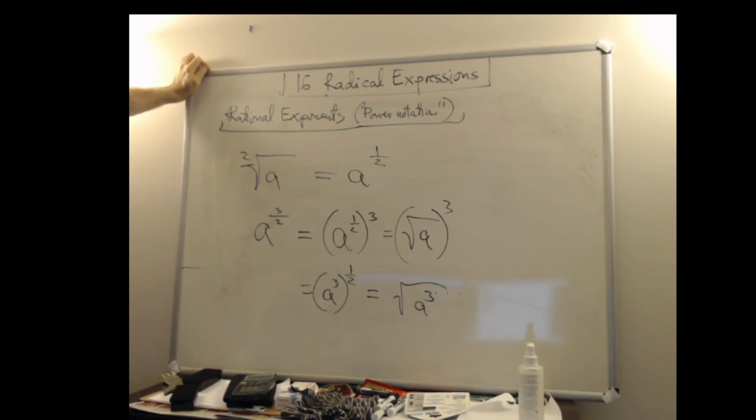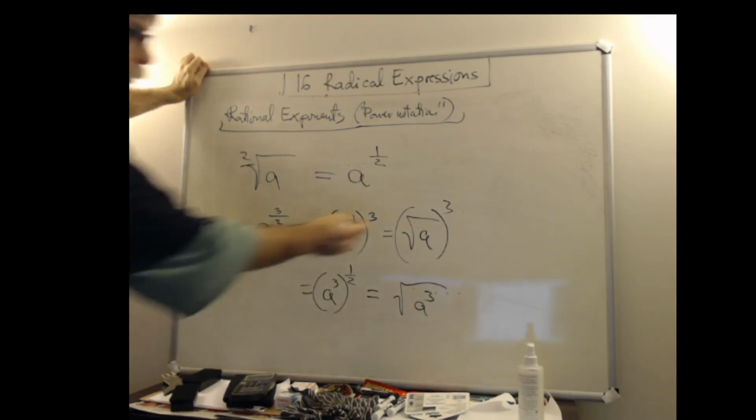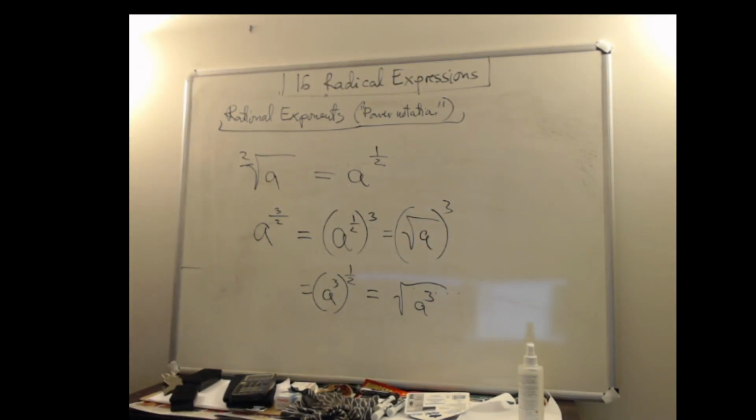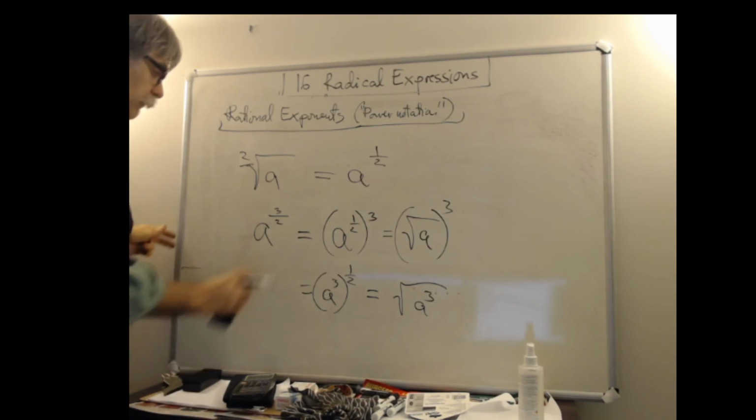You can do power and radical in any order, as long as you follow the procedure that says in this particular case this must be non-negative, right? Because it's an even radical. So this becomes very, very nice.